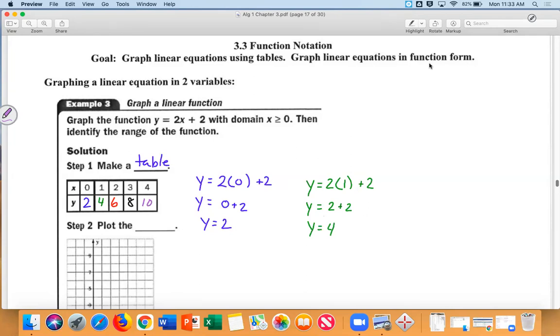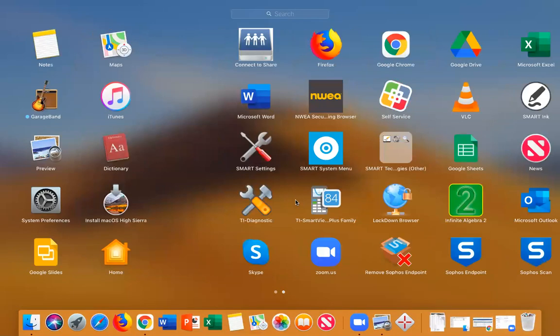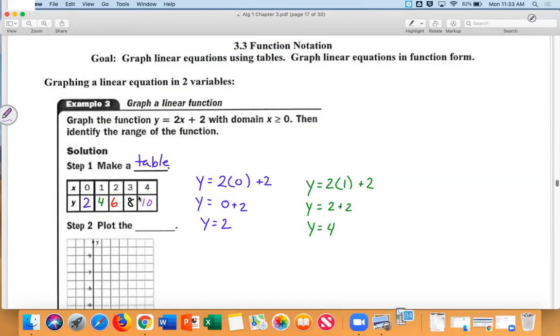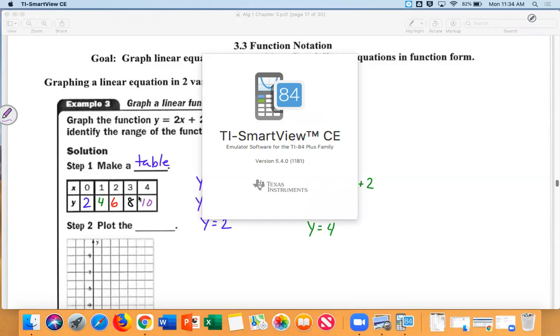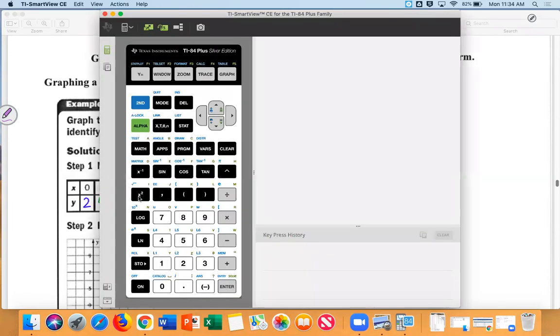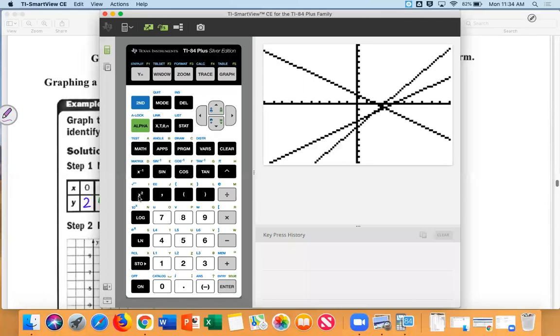Calculate 84. It is free. Download it real quick. When you download it and open it up, it's going to look like what's about to pop up on the board. Now, typically I don't let you use your calculators, but we can't hand them out this year, so I have to find a different way to do it.